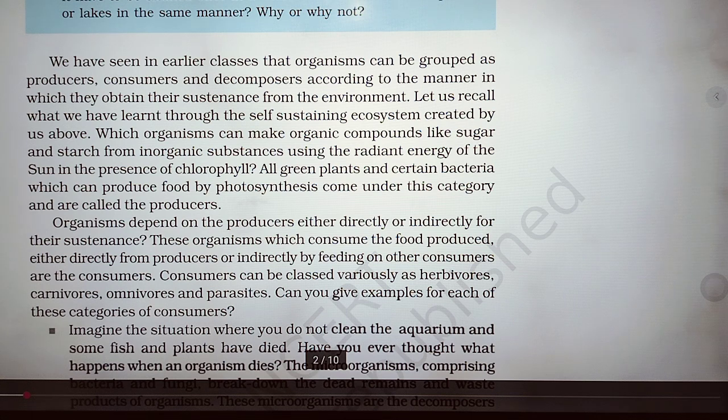All green plants and certain bacteria, which can produce food by photosynthesis, come under this category and are called the producers.